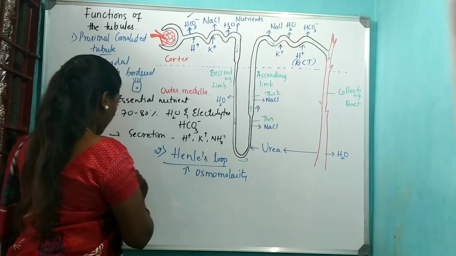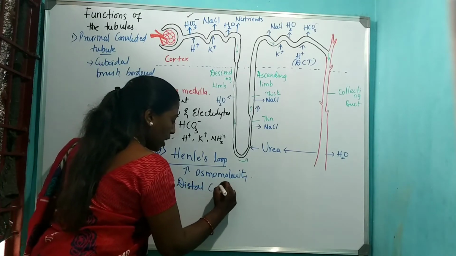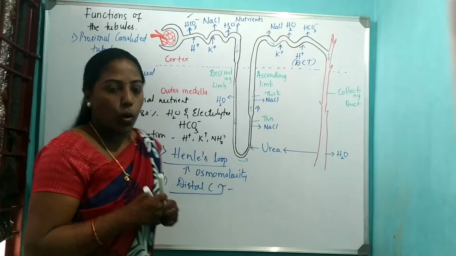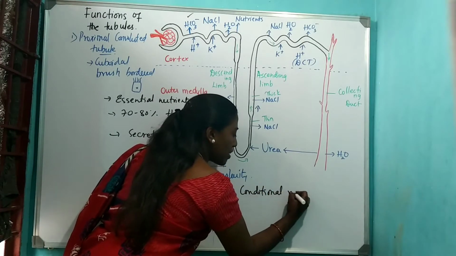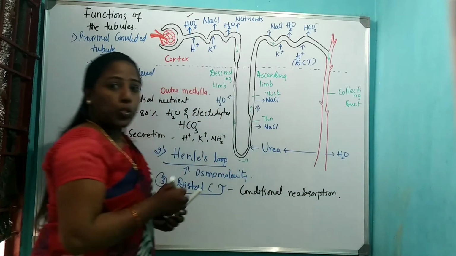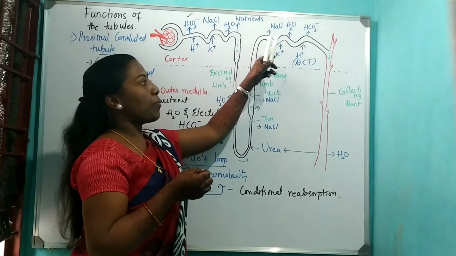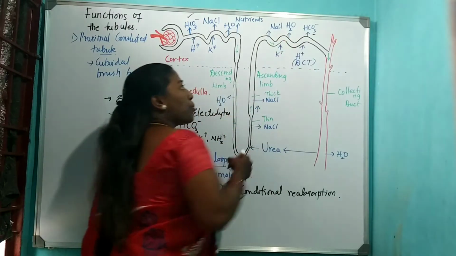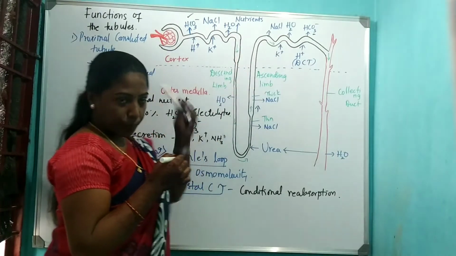The third region is the distal convoluted tubule, where you find conditional reabsorption, that is, the required amount of reabsorption of preferably water and sodium ions takes place. Along with that, bicarbonate ions are also reabsorbed in the DCT region.